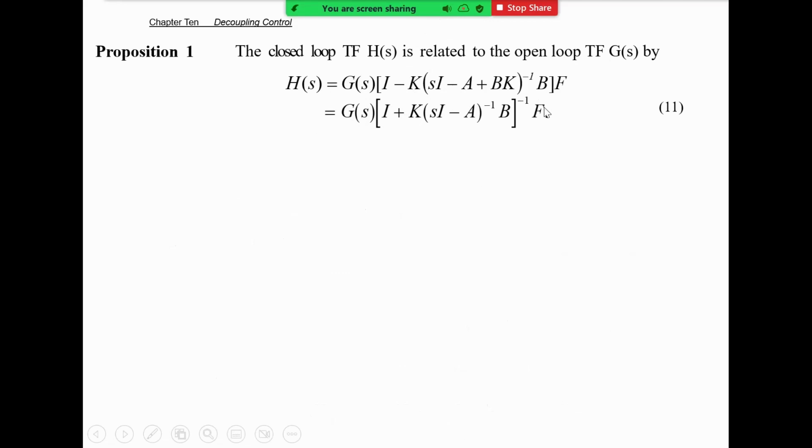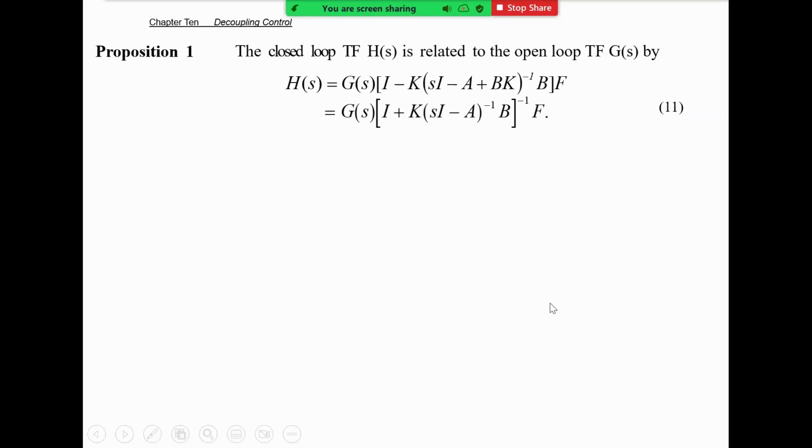This form actually bears a similar relation to the single input, single output case. If you imagine this, the inverse of this one is like a division, and this identity matrix is like a 1. So in the single input case, it's 1 plus the open loop transfer function.